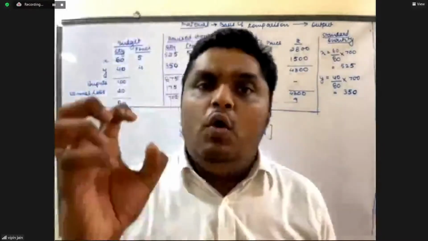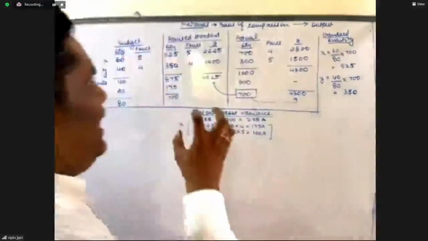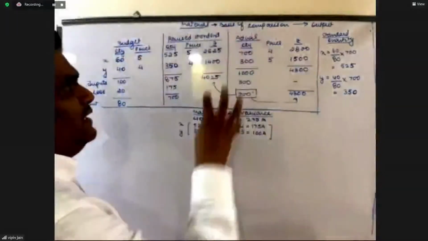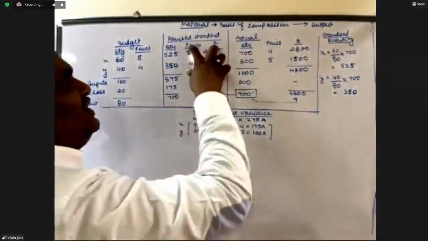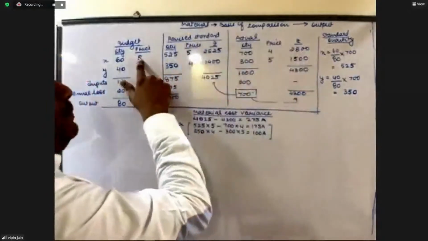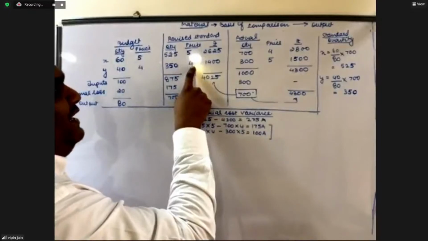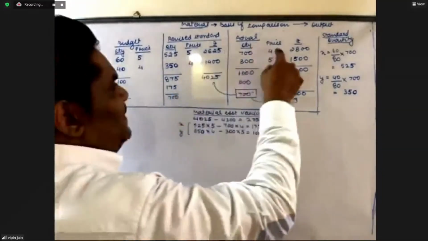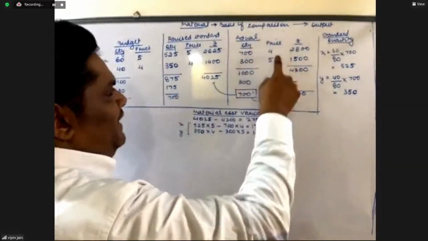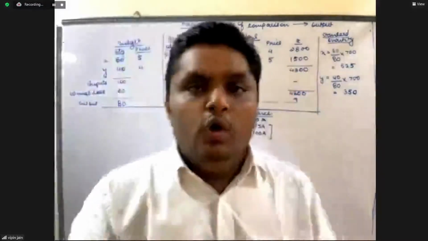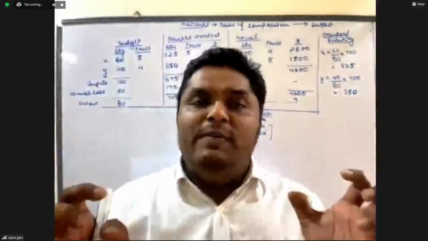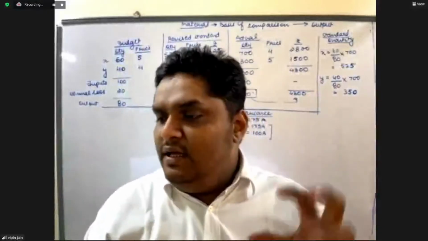The second thing is the change in price. X we were supposed to purchase at the rate 5 and Y at the rate 4. However, we purchased X at the rate 4 and Y at the rate 5. So two factors are responsible for this material cost variance.